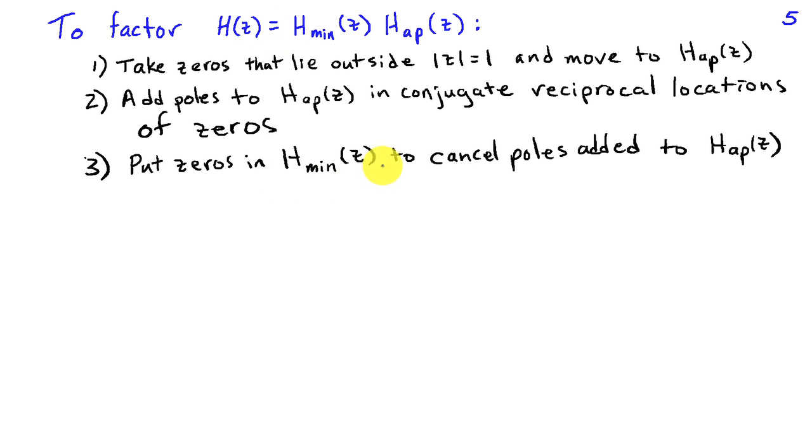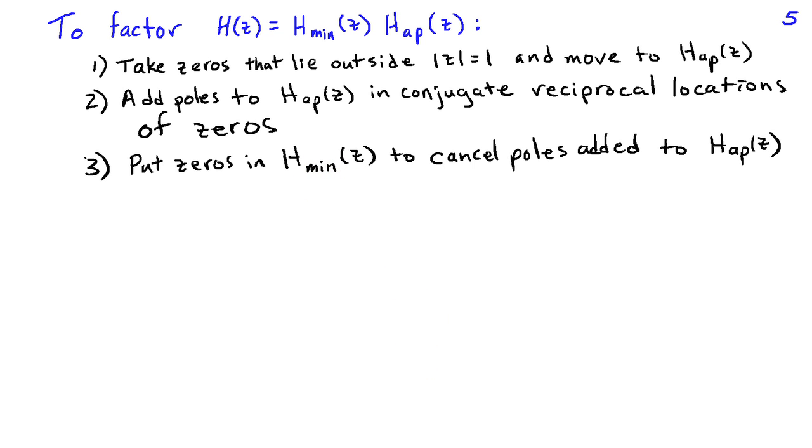So we're going to put these zeros then in H min. And because the poles that we added to H all-pass are all inside the unit circle, the zeros that we add to H min are also inside the unit circle, and in effect we've reflected the zeros that were outside the unit circle back inside the unit circle for the minimum phase component.